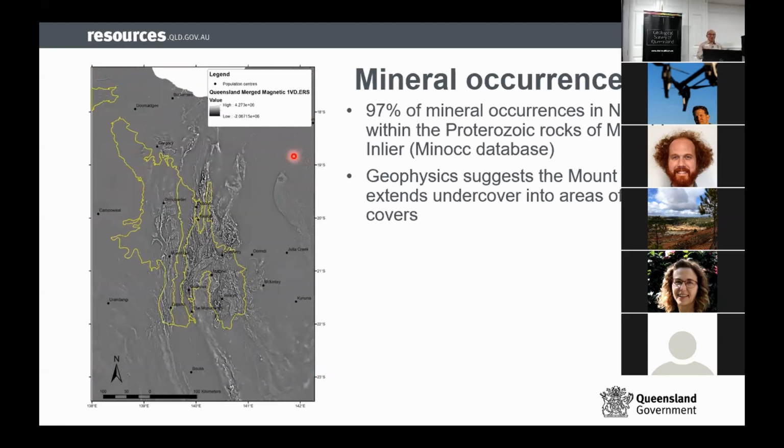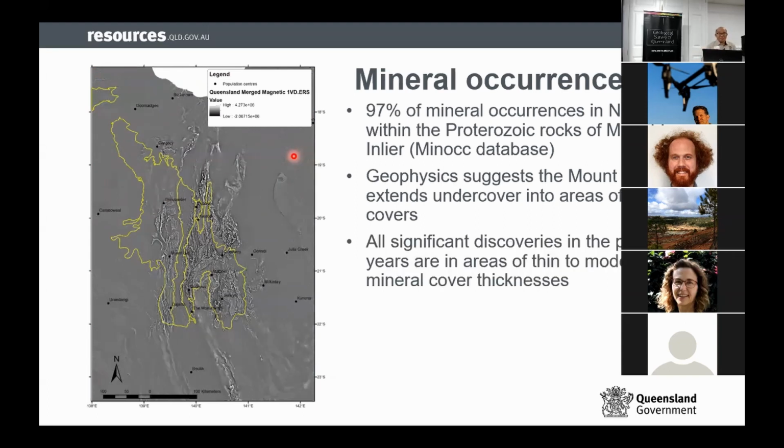Next, there's a lot of work done on geophysics, drilling, etc. We know from all this that the Mount Isa does not stop at the boundary where the sediment is. It continues further north and south, and therefore we should look at extending this greenfield area beyond the boundary of the Mount Isa.